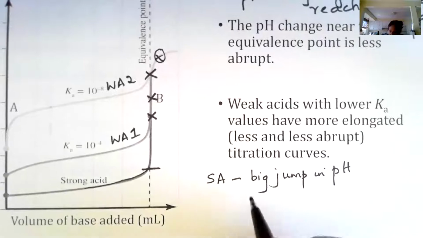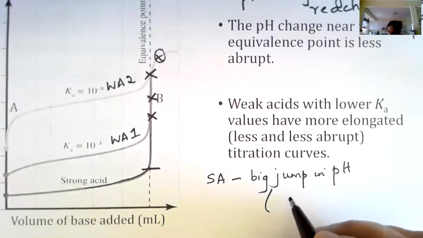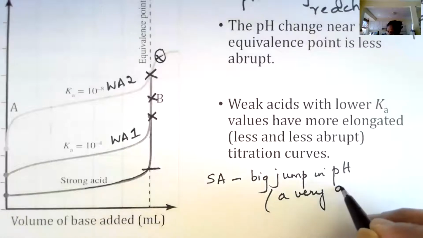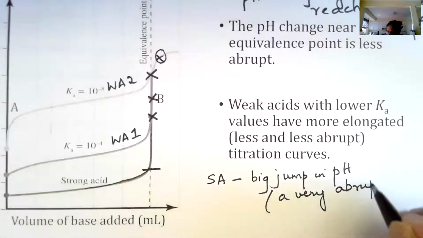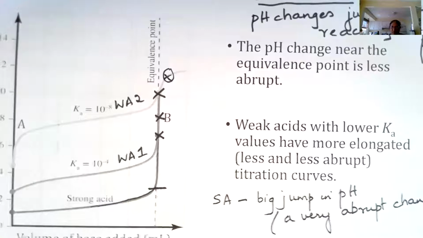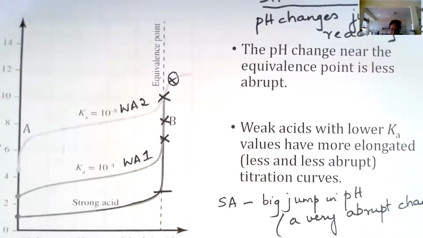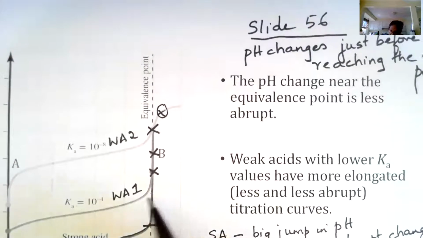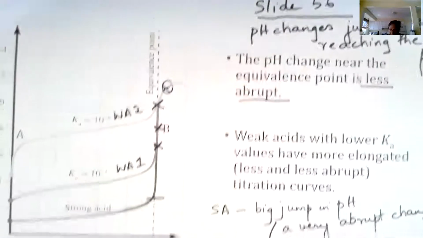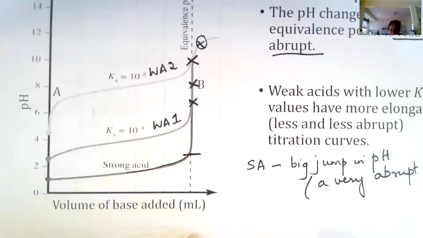Here they're calling it a very abrupt change. Okay, they mean the same thing. Now, as you decrease the Ka of the acid, as the acid gets weaker, they're saying the pH change near the equivalence point is less abrupt.